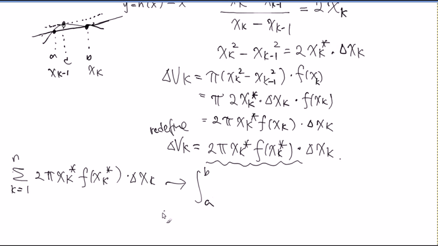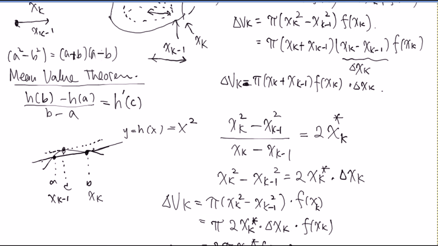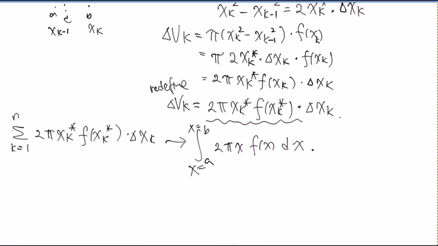Because we're integrating over x, these are the x values, right? This could be confusing with the rotation around the y-axis, where you used to integrate over y. So x equals a to x equals b of 2 pi x f(x) dx. So that's the formula they arrive at here.